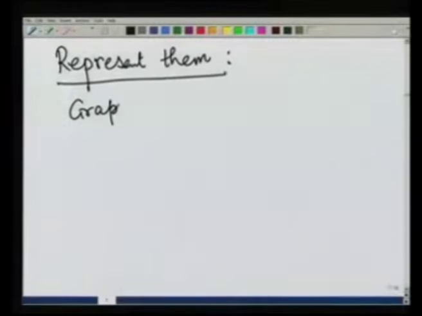Then we will do an algebraic way of writing vectors. So, the graphical method of representing a vector is that you make an arrow with the arrow showing the direction and the length of the arrow showing the magnitude of the vector.